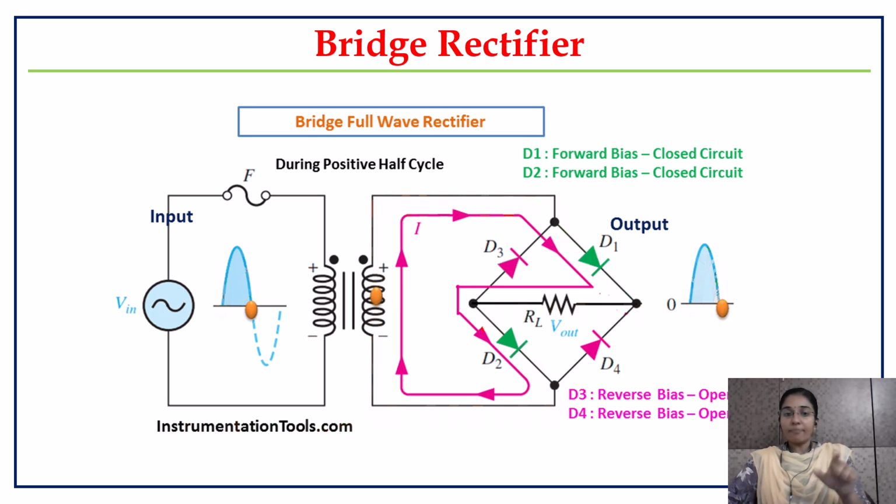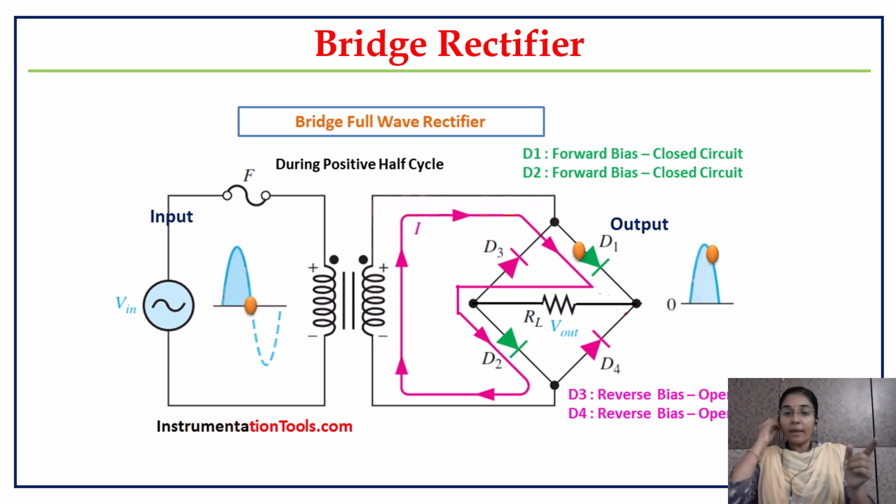When I have my input signal which is positive in nature, my diodes D1 and D2 will be forward biased, and diodes D3 and D4 will go to reverse bias. So whenever I have my positive half cycle as input signal, D1, D2 will conduct, D3, D4 will not conduct.